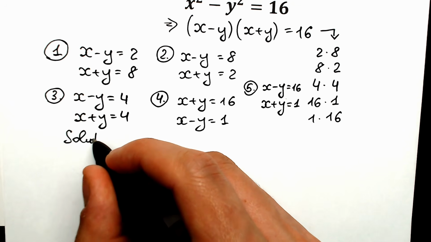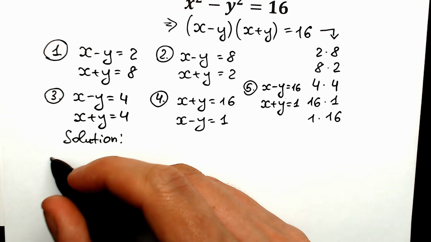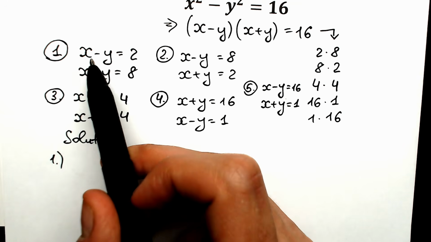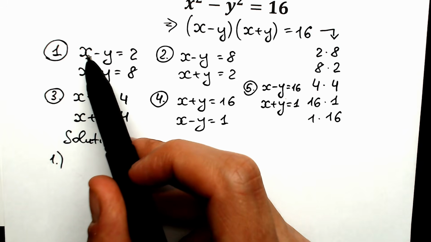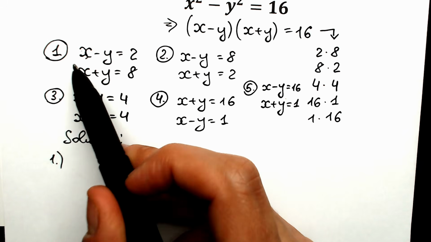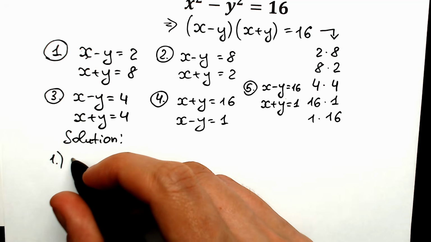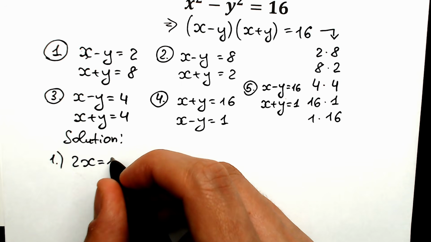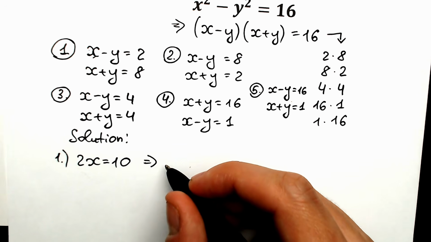In our first case, we add the equations: x minus y equals 2 and x plus y equals 8. We add them and the y cancels. As a result, we have 2x equals 10, and from here x is equal to 5.